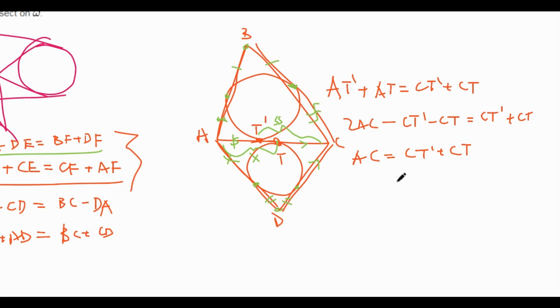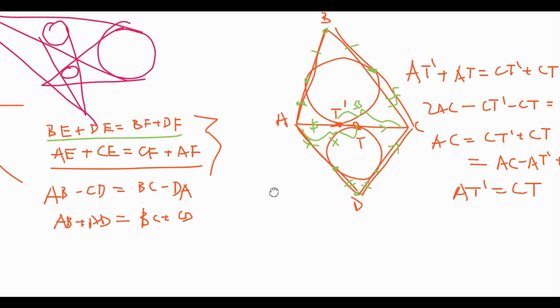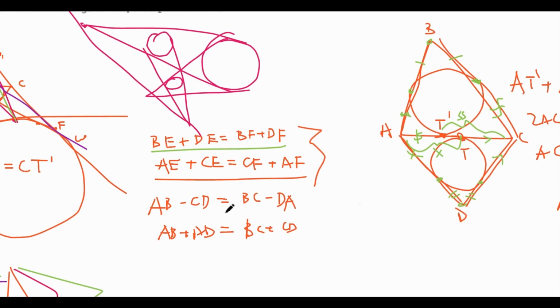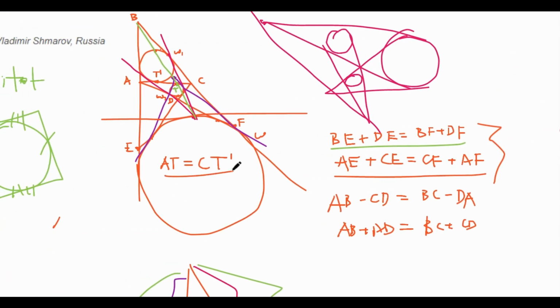Except we see that CT prime is equal to AC minus AT prime. And then rearranging again gives AT prime is equal to CT, which is almost exactly what we want. But AT prime equals CT is equivalent to AT equals CT prime. So we get what we want, and T is indeed the BX touch point of triangle ABC.